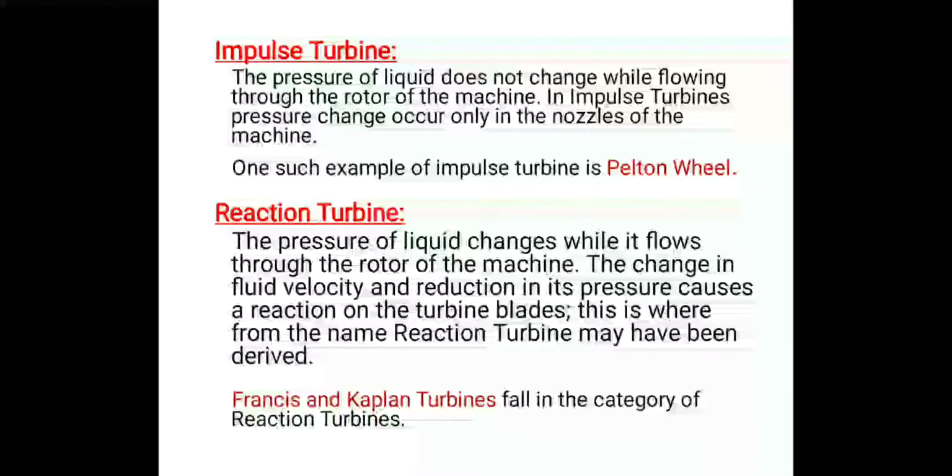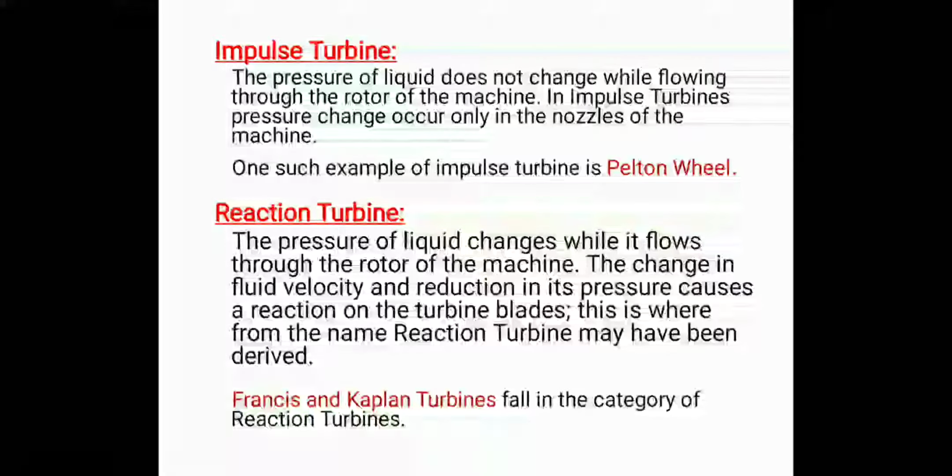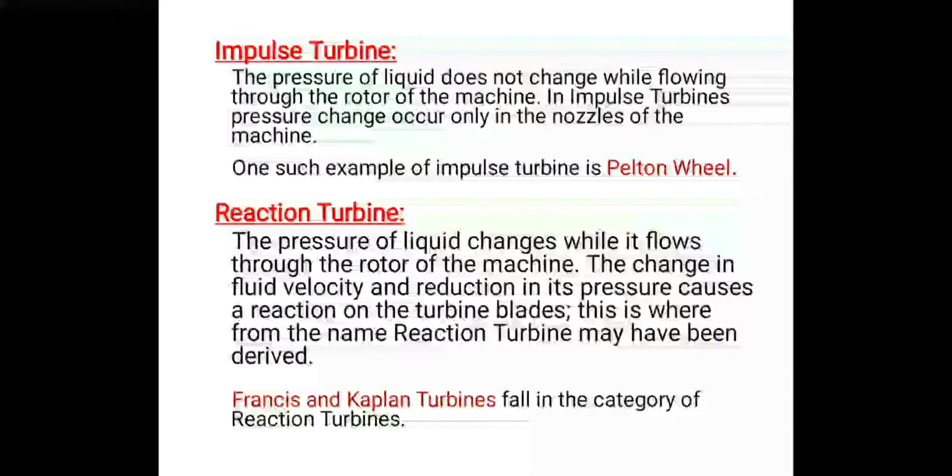First is impulse turbine, in which the pressure of liquid does not change while flowing through the rotor of the machine. In impulse turbines, pressure change occurs only in the nozzle of the machines. The example of impulse turbine is Pelton wheel turbine.